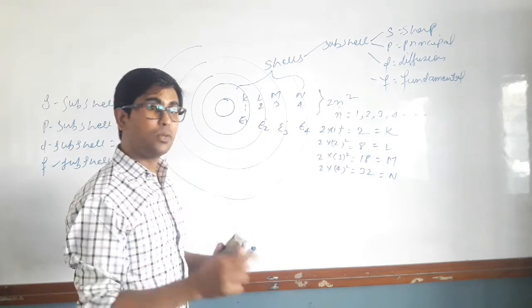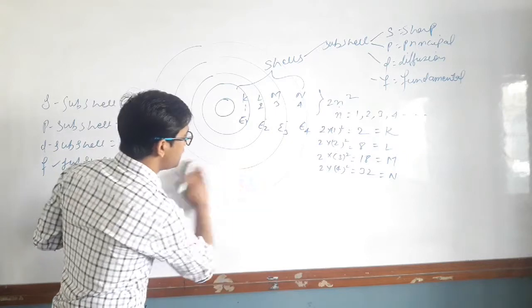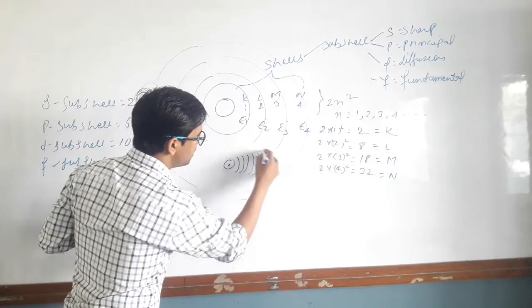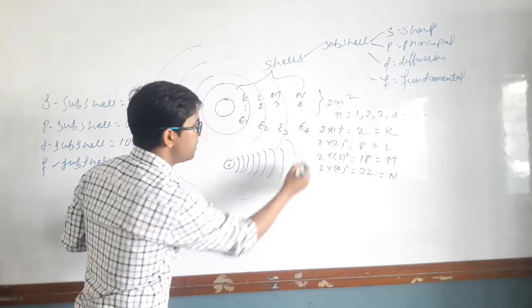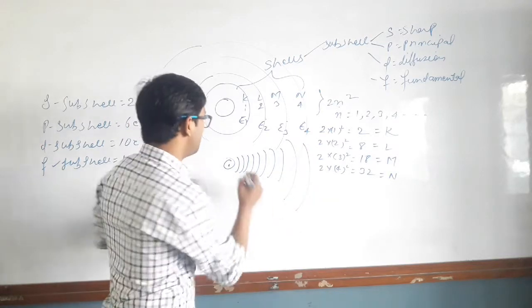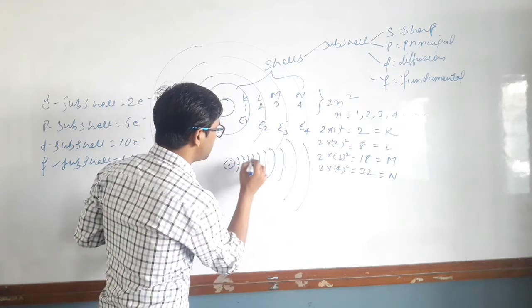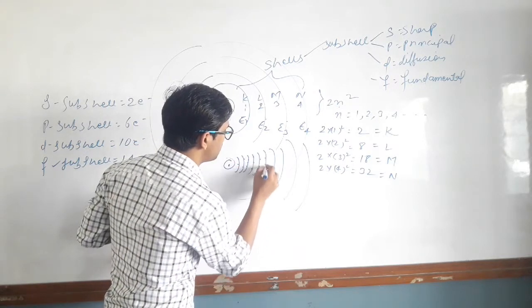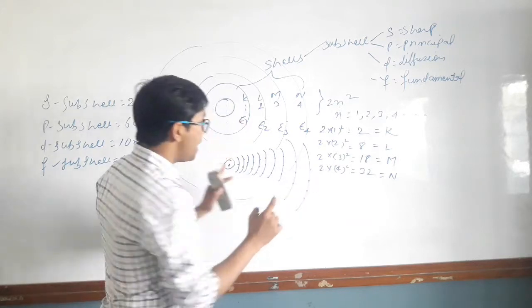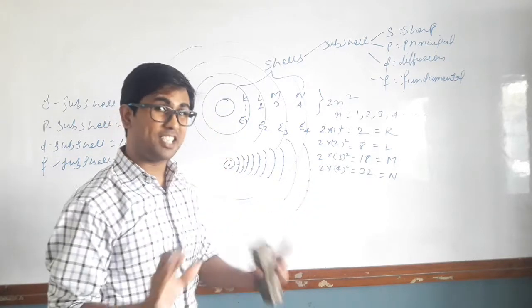I want to tell you that in any nucleus there are so many orbits, and in each orbit there are electrons. But the energy of all these electrons is not the same.